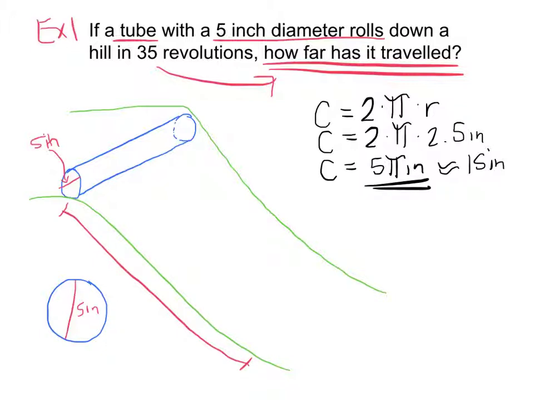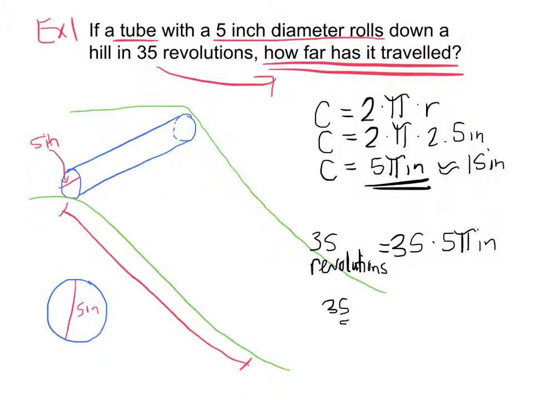So now, since this is one revolution right here, let's find out what 35 revolutions would be. So 35 times 5 pi inches would be 35 revolutions. So what is 35 times 5? Okay, 5 times 5 is 25. 5 times 3 is 15, plus 2 is 17.